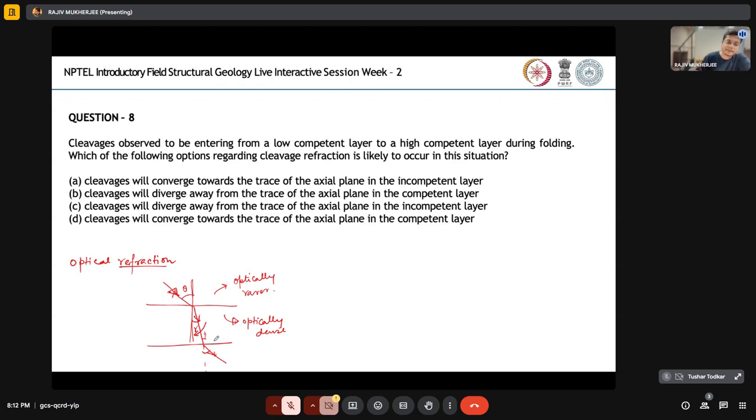In a similar fashion, cleavage refraction works the same.